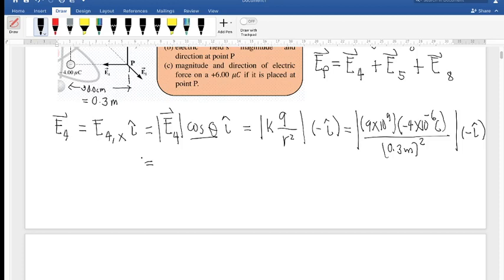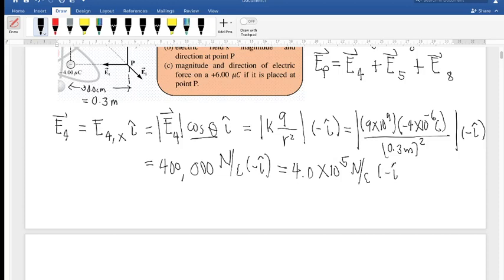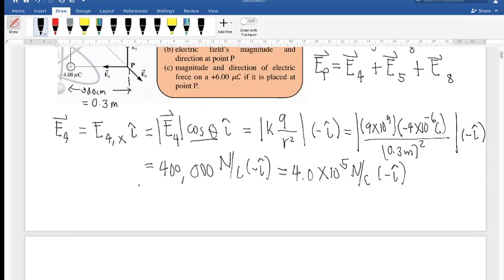So that is 400,000 newton per coulomb negative i hat, or we can use the standard form. So 1, 2, 3, 4, 5. That is 4.0 times 10 to the 5 newton per coulomb negative i hat. Okay, we are done with the E4.